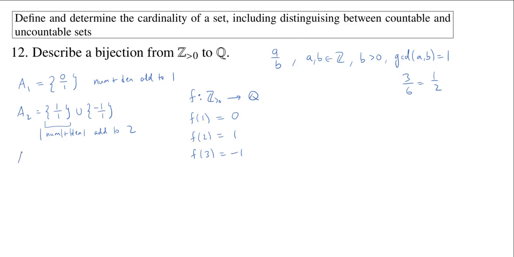Fine, what about A3 now? Well, I keep going. Now I want to look at all the things where the numerator and the denominator add up to 3. I was doing these as sets before because there was only one thing to write down. But what if we write these as lists?